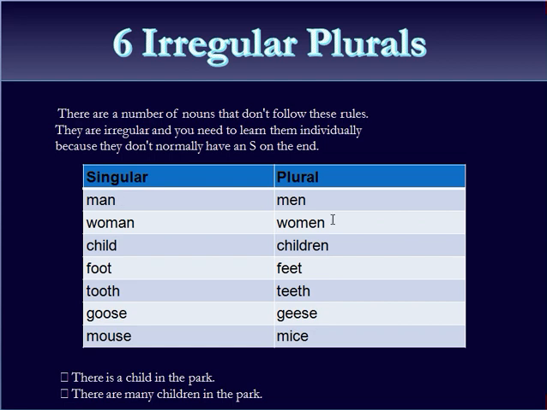Man, men, woman, women, child, children, foot, feet, tooth, teeth, goose, geese, mouse, mice. Another example here is given. Child will become children. There is a child in the park. There are many children in the park. So we will be looking at irregular plurals in detail now.